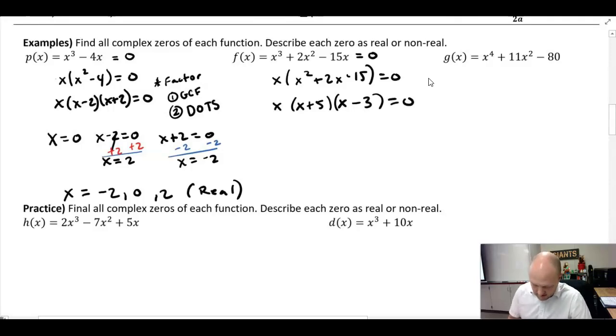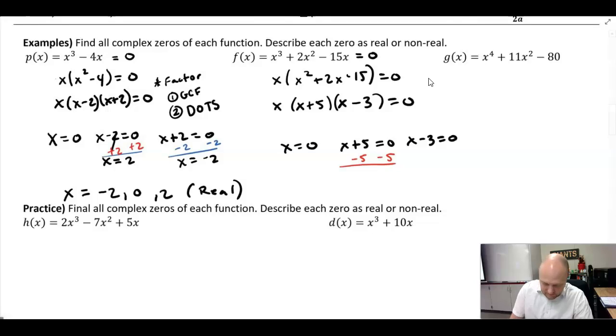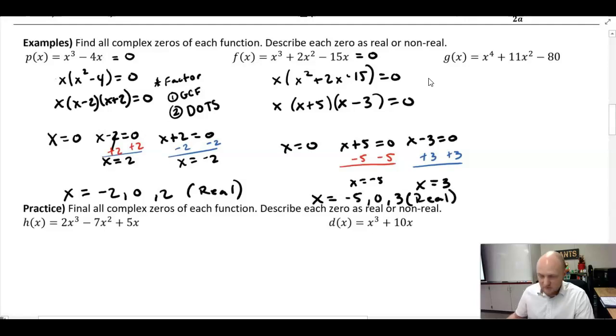Set each factor equal to 0, and then we just solve. So x equals 0, subtract 5 to get x equals negative 5, add 3 to get x equals 3. Here are our zeros: x equals negative 5, 0, and 3, and all of these are real.